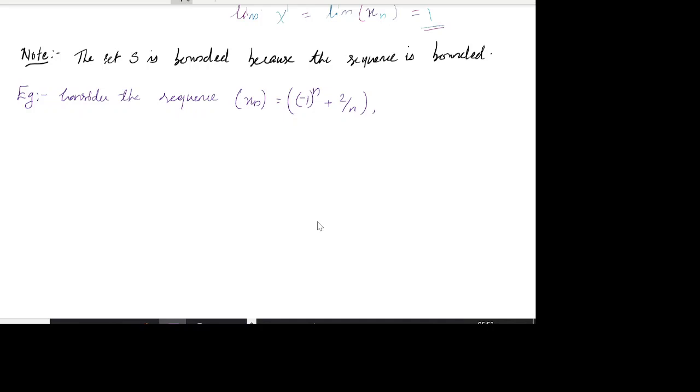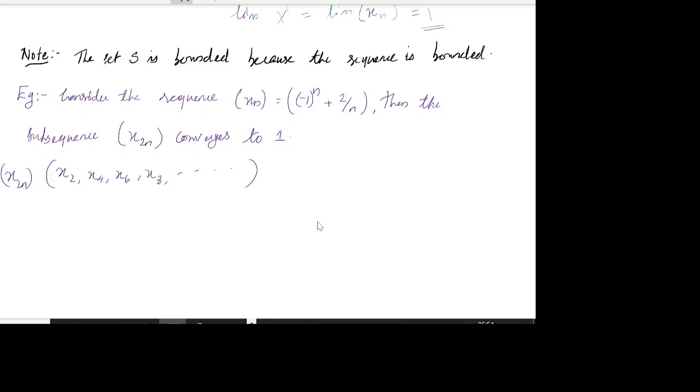Then the subsequence x2n converges to 1. So x2n means x2, x4, x6, x8, etc.